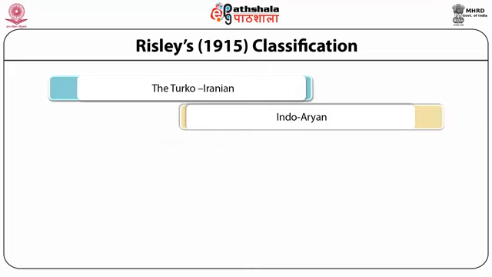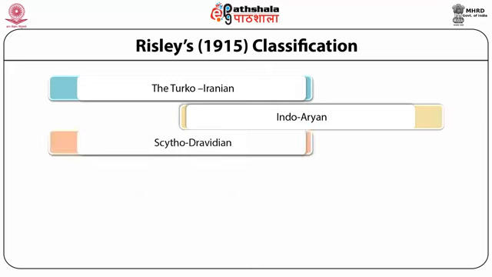The third one is Scytho-Dravidian. They are an admixture of Scythian and the Dravidians. Some of the anthropologists hold that the Sakas belong to the Scythian race, which came to India from Central Asia. They settled in the Sindh province of Pakistan, Gujarat, Maharashtra, Karnataka, Rajasthan and Uttar Pradesh.